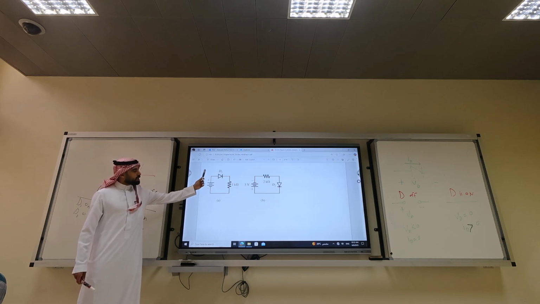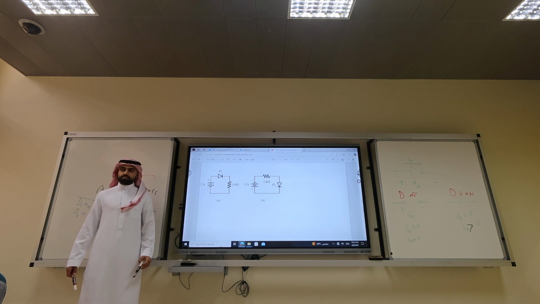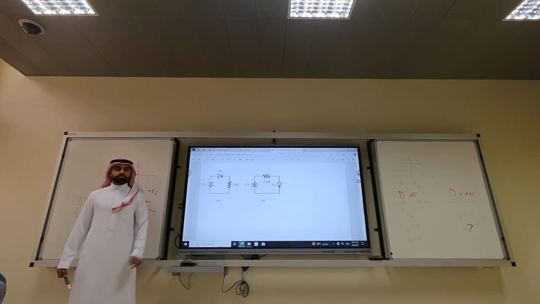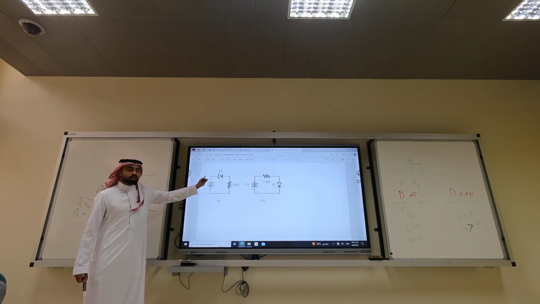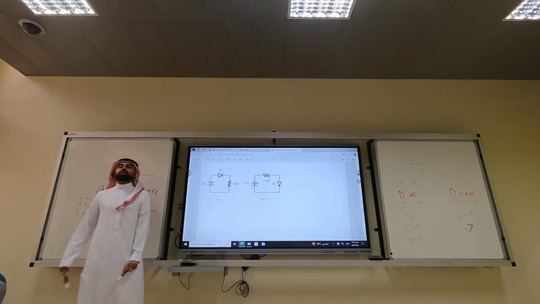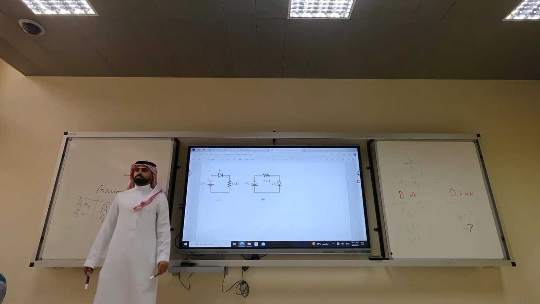So what do you think, higher voltage, here or here? Here is -2, here is +2. The potential difference is +2. So most likely we have a higher voltage here that will ignite the diode. So a smart assumption is to assume D1 is on.